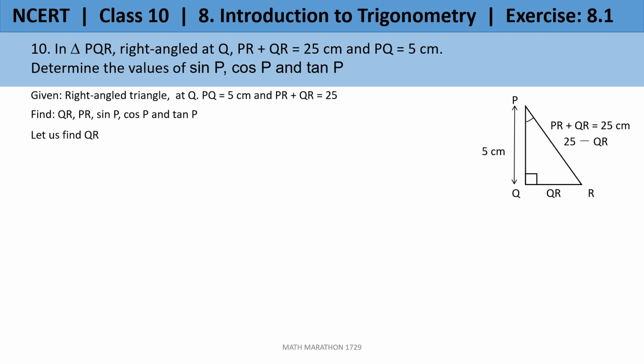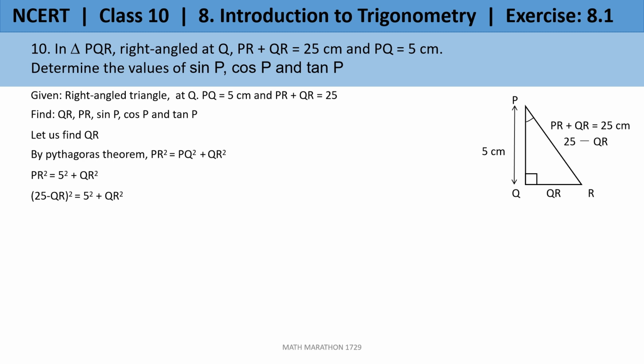Let us find QR. We can use Pythagoras theorem. In a right-angled triangle, the hypotenuse square is equal to the sum of squares of the other two sides. So, PR square is equal to PQ square plus QR square. PR square is equal to 5 square plus QR square. (25 minus QR) square is equal to 5 square plus QR square.